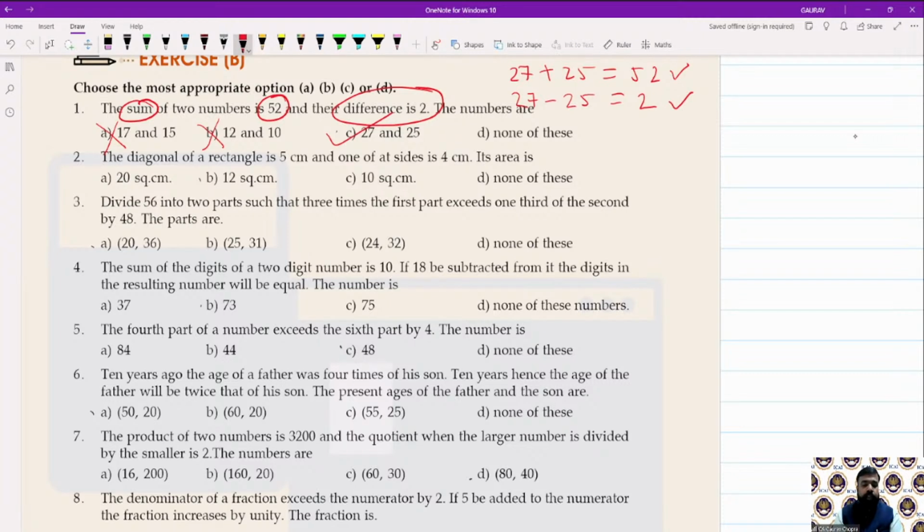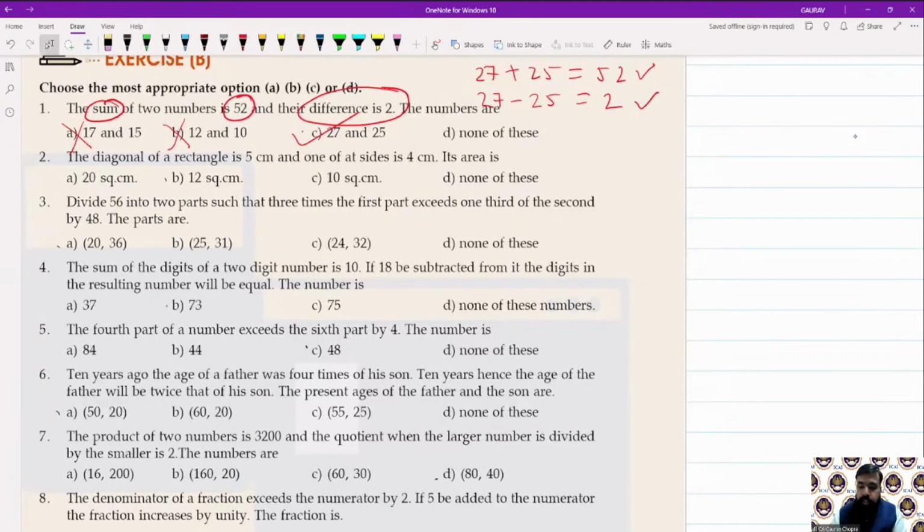Now the second one. The diagonal of a rectangle is 5 centimeter and one of the sides is 4 centimeter. Then we have to find the area. So let's draw a rectangle. This is a rectangle and the diagonal is 5 centimeter.